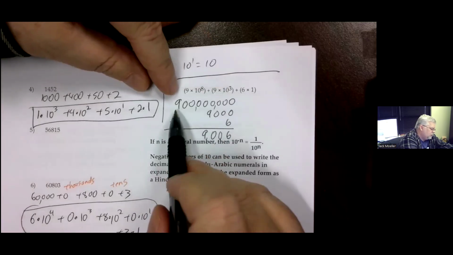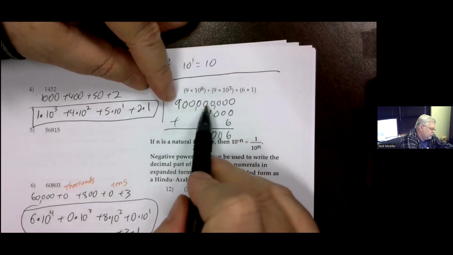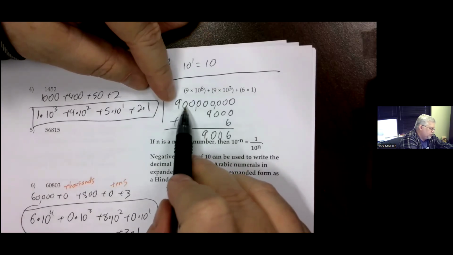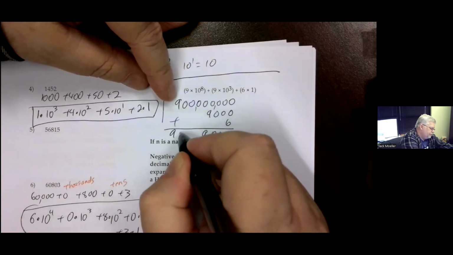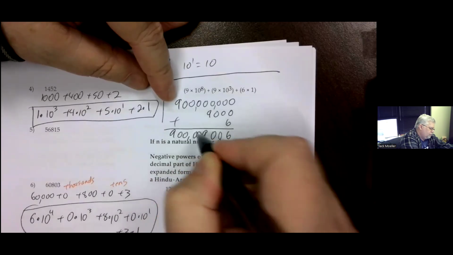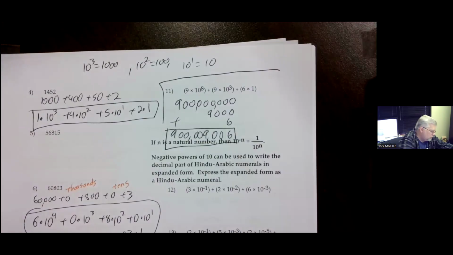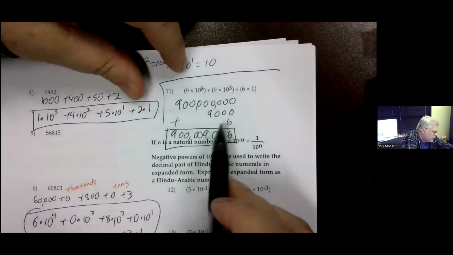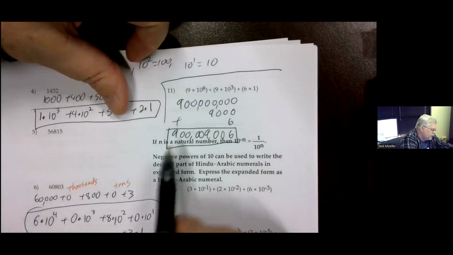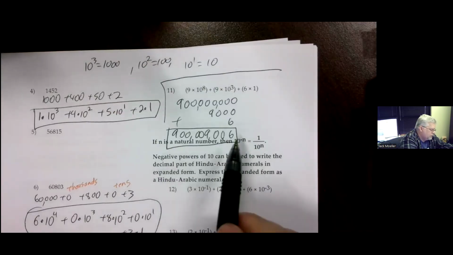And then that 10 to the 8th is our, what is that, millions, billions... not in the billions, I'm in the hundred millions. Sorry. So 900 million, 9,006.